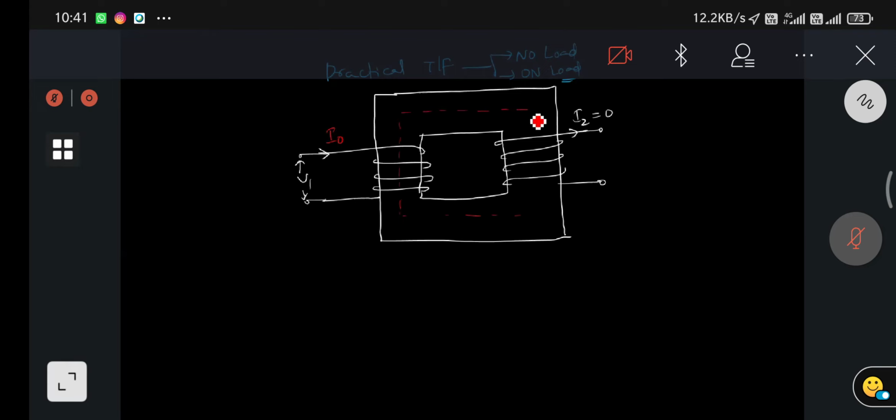At the middle of the circuit, I am drawing the flux. So this I naught sets up the flux. This I naught, as you know, has two components of current.